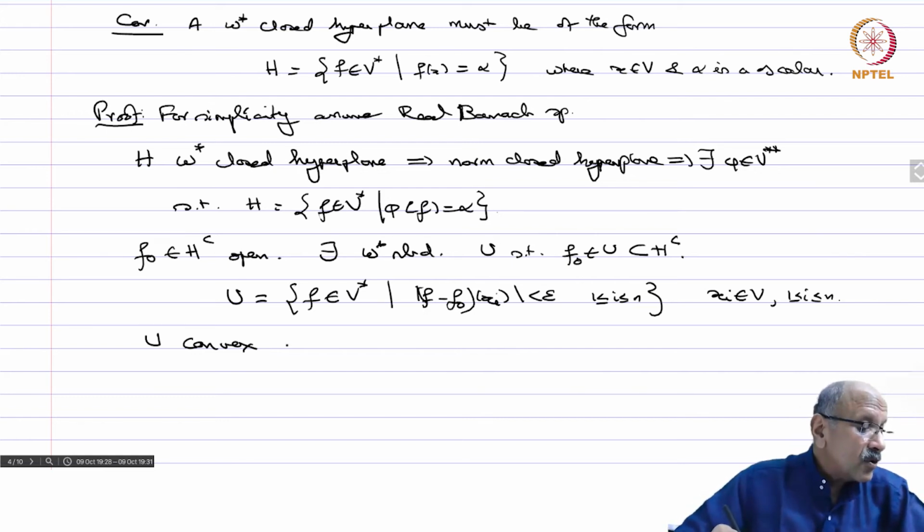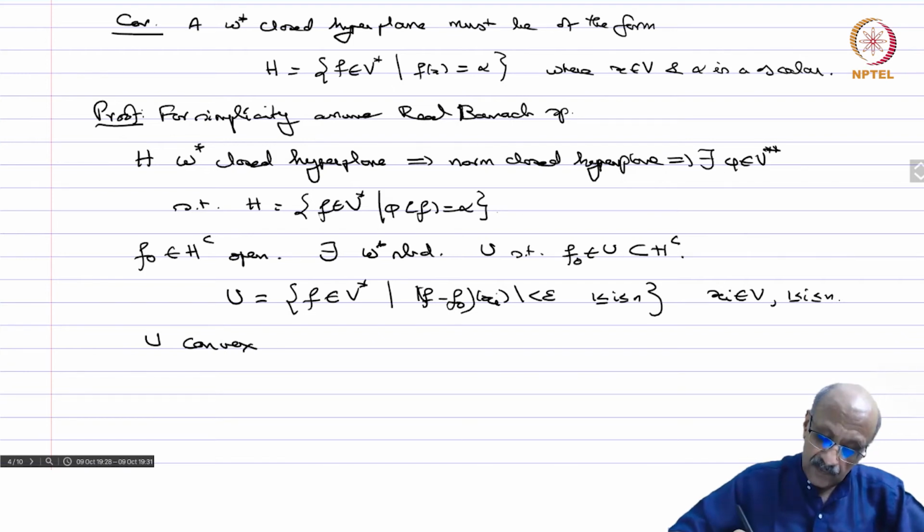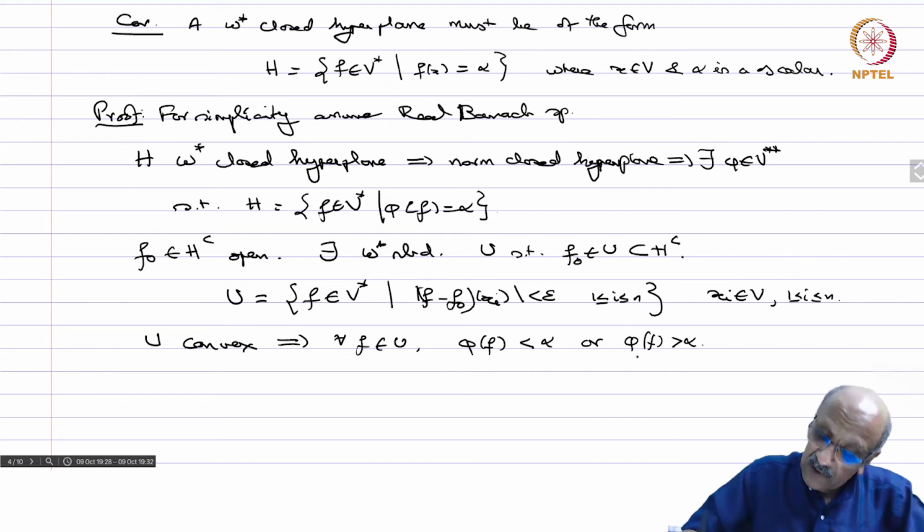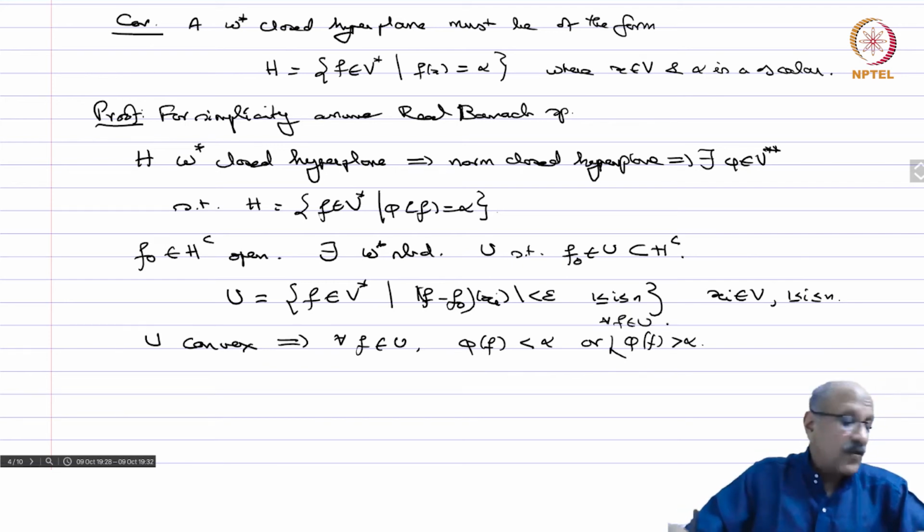And therefore U is convex, therefore for every f in U, you have phi f is either less than alpha or phi f is greater than alpha. Okay, so one of these two only will happen, always only one of them. So for every f in U, phi f is bigger than alpha, or phi f is less than alpha.